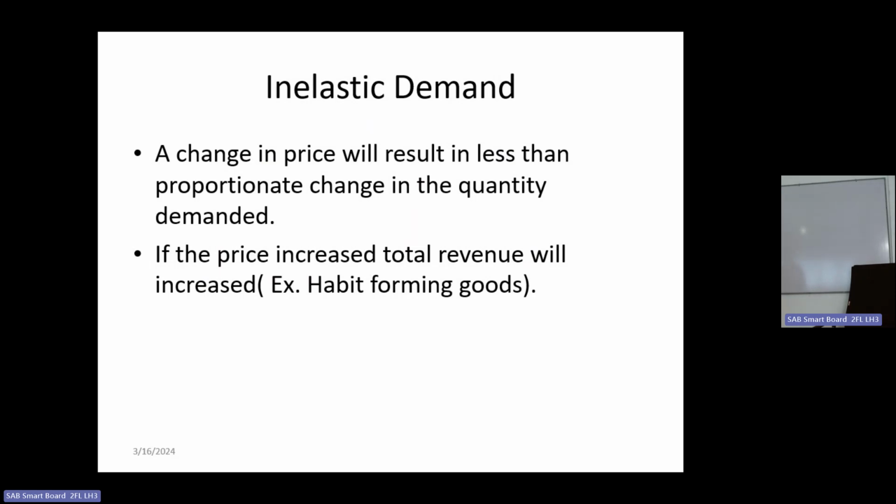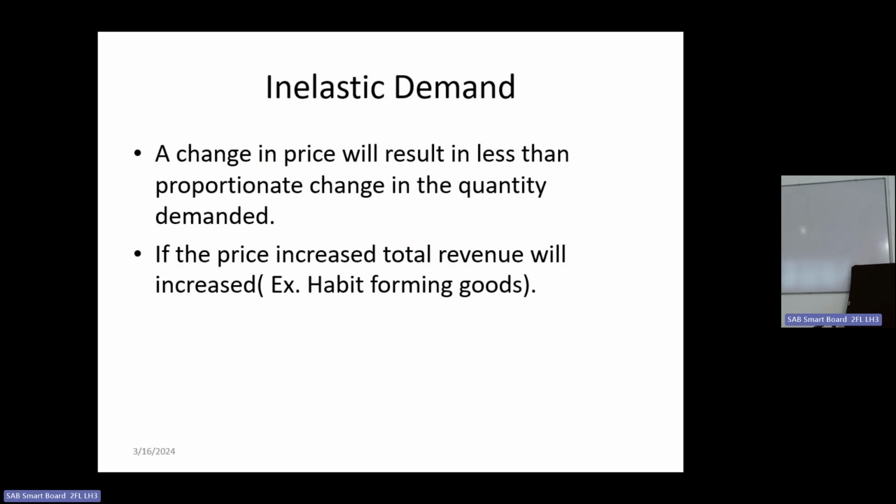So that's why normally the government increases taxes on goods which have inelastic demand, like cigarettes. Taxes will increase the price, but the quantity demanded does not change. People still buy them, and the price goes up over time.